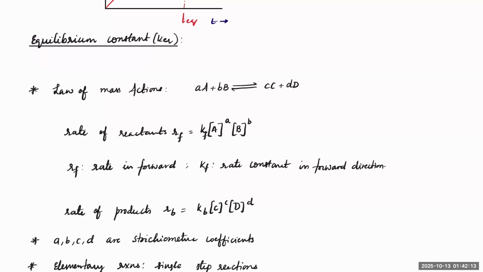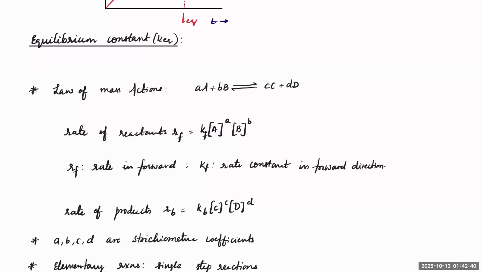So the formula that has been identified is that the rate at which the reactants are converting is always proportional to the concentration of the reactant raised to the power of its coefficient, multiplied by the concentration of the other reactant raised to the power of its coefficient. Now this is a definition itself.